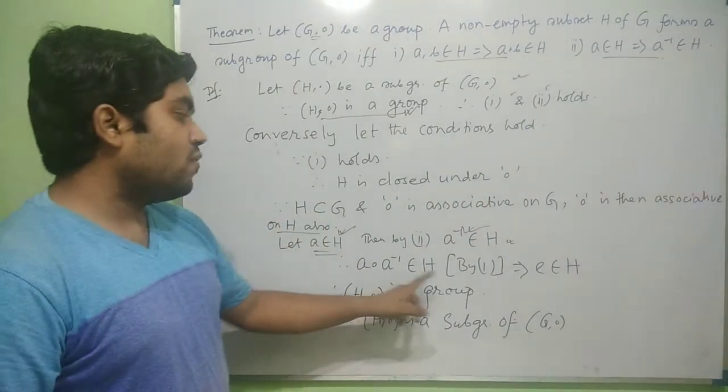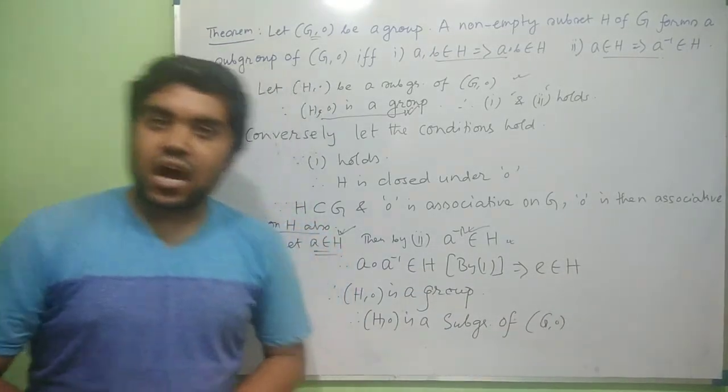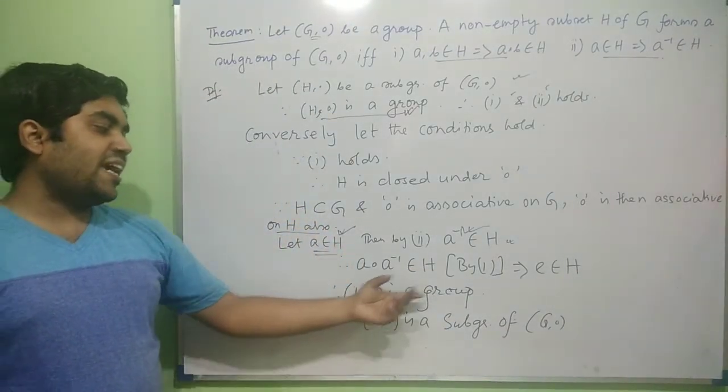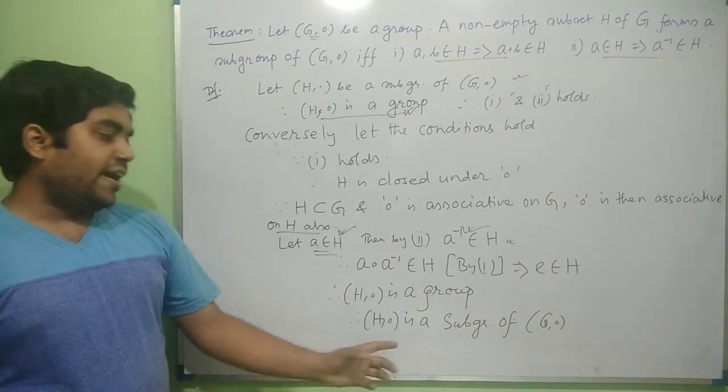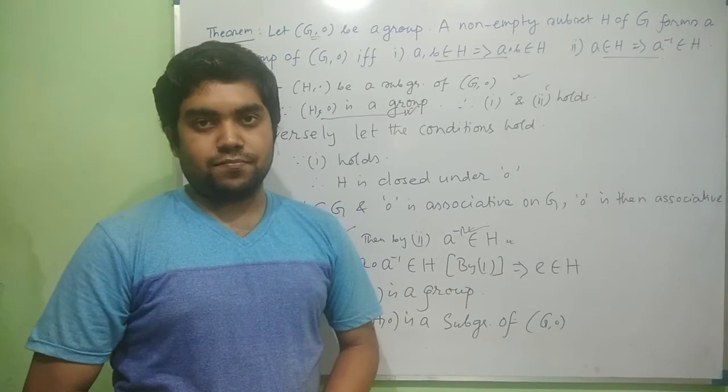So a ∘ a⁻¹ belongs to H means e belongs to H, where e is the identity element. Hence (H, ∘) is a group, and (H, ∘) is a subgroup of (G, ∘) is well established.